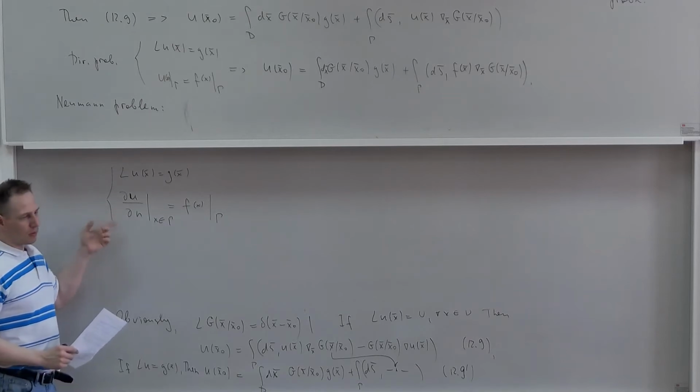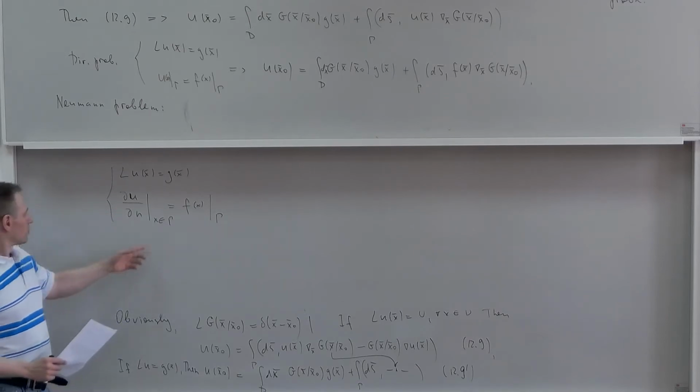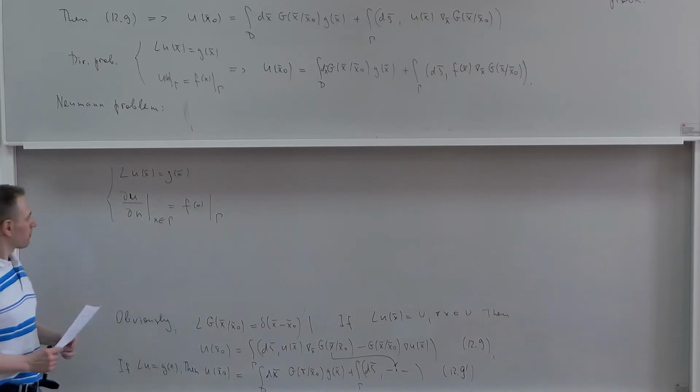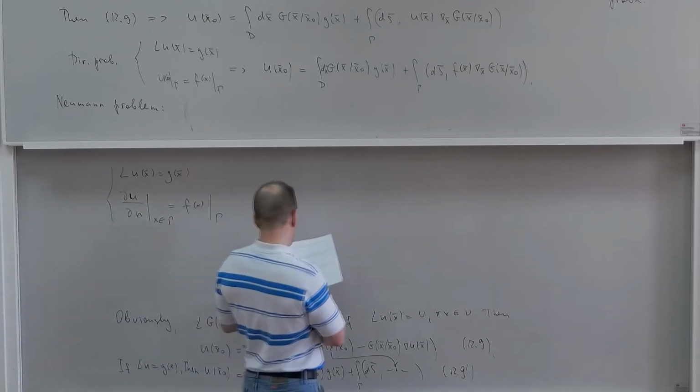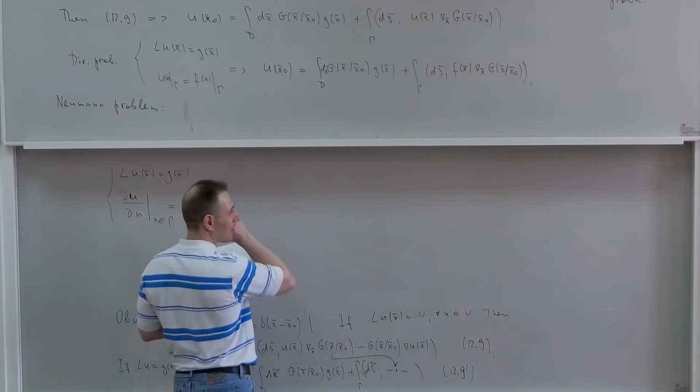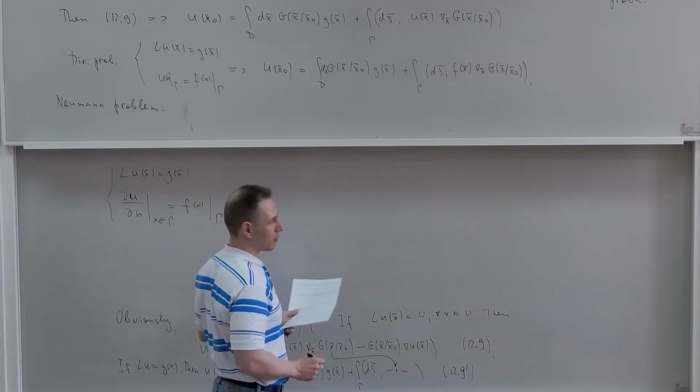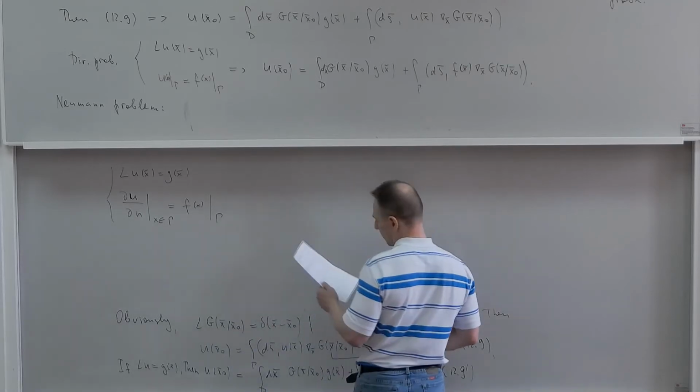This is the derivative along the normal to the surface gamma at the point x. And so let us impose the following conditions on the function g.